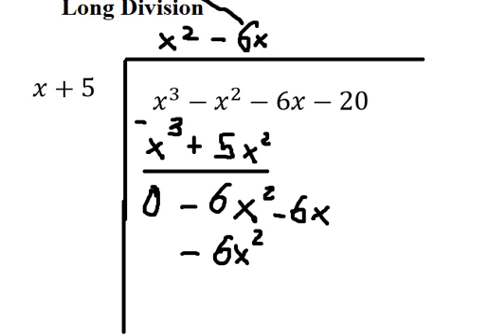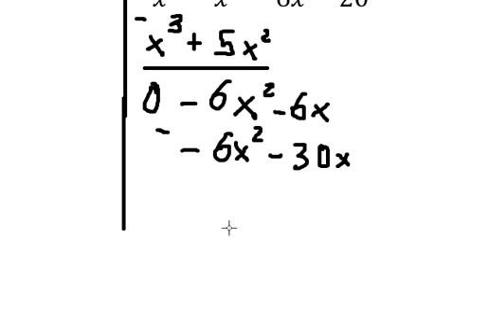Negative 6s multiplied by number 5, so we have negative 30s. Later that we minus two equations together. So negative number 6 minus negative 30, so we have 30 minus 6. Because negative with negative you got positive, so you have 24s.